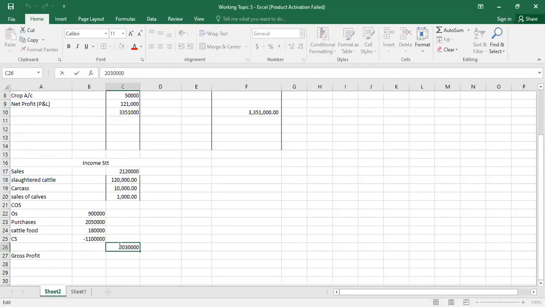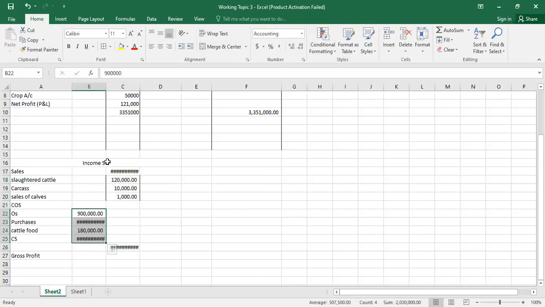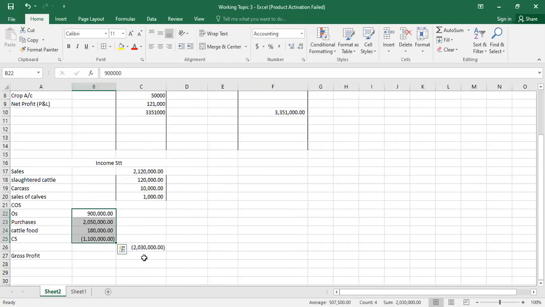So this should also be negative for the purpose of using Excel. So we are getting 221. So our gross profit figure is 221,000.